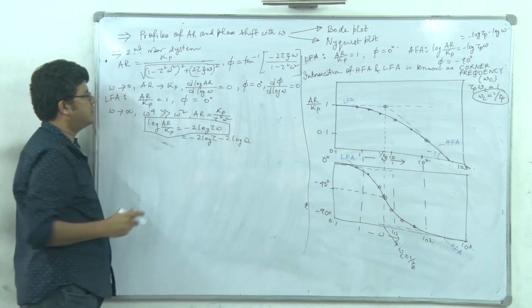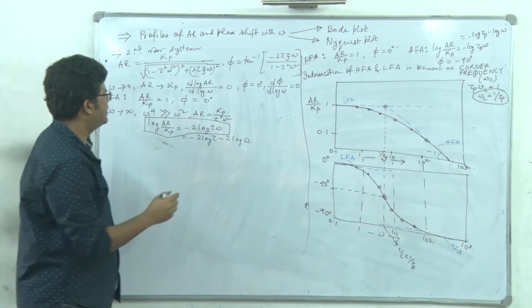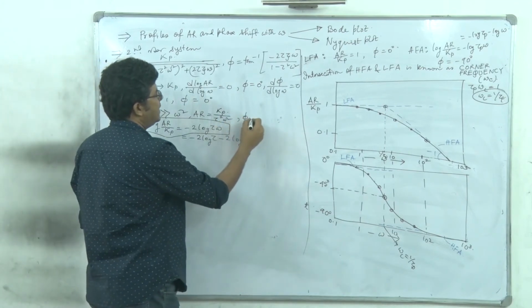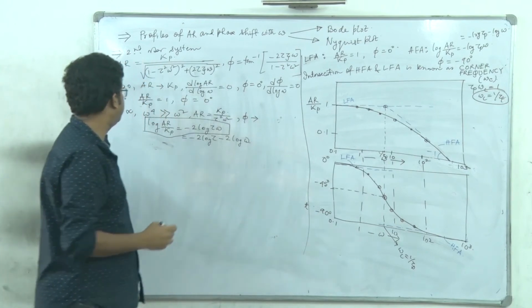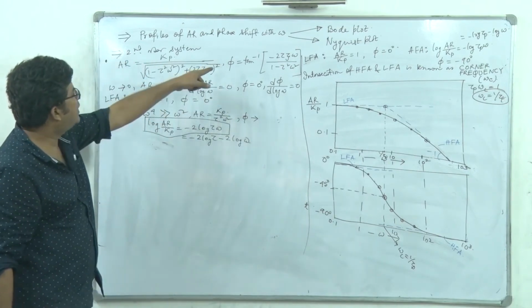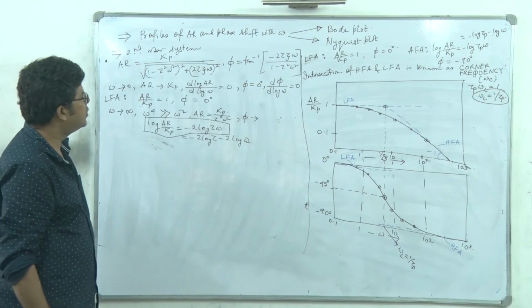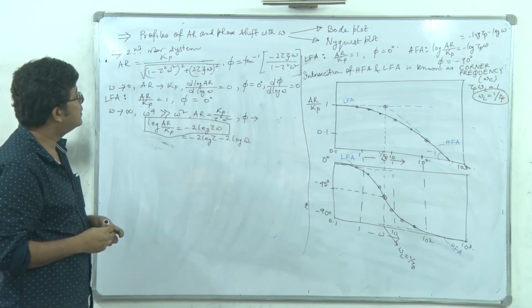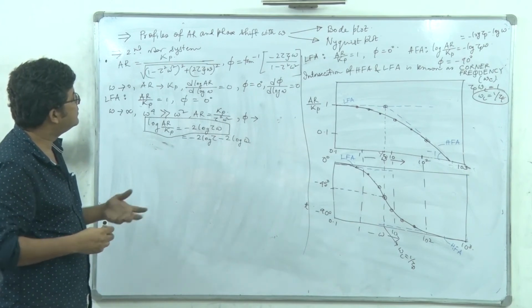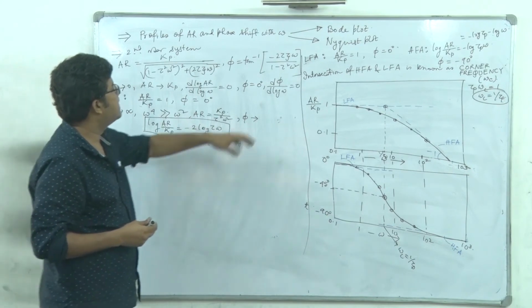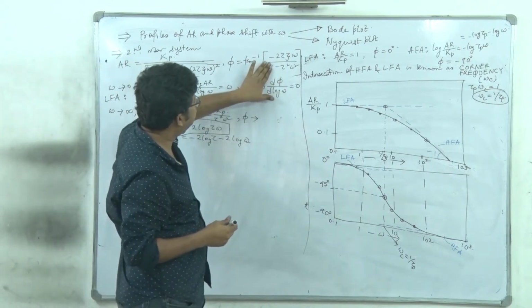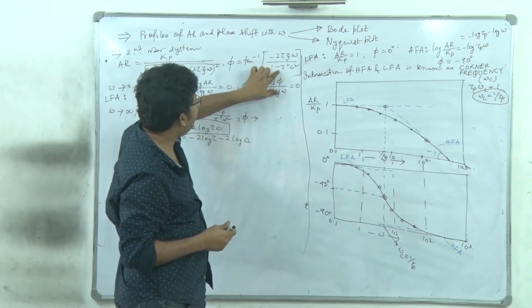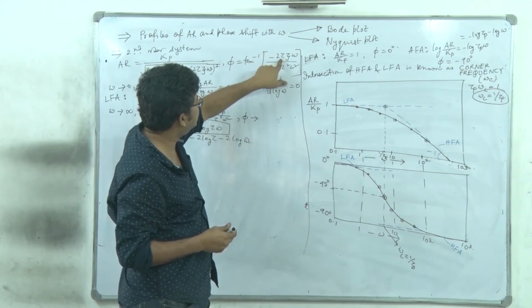And additionally, you see, phi will tend to what? When omega tends to infinity, this 1 is negligible. Minus cancels out. Here tau omega gives tau omega in the denominator.